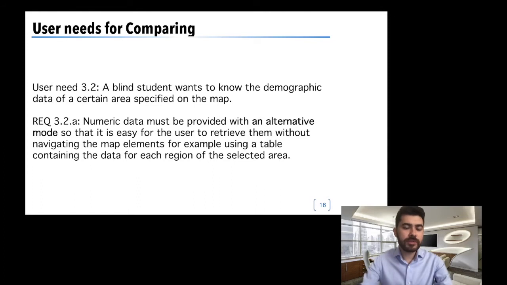Another example, strictly related to the prior one: a blind student wants to know the demographic data of a certain area specified on the map. In this case, we are also talking about numeric data, but we are talking about a blind user, and think about this blind user who wants to navigate all those data over the map that are shown with text labels, but they are a lot.